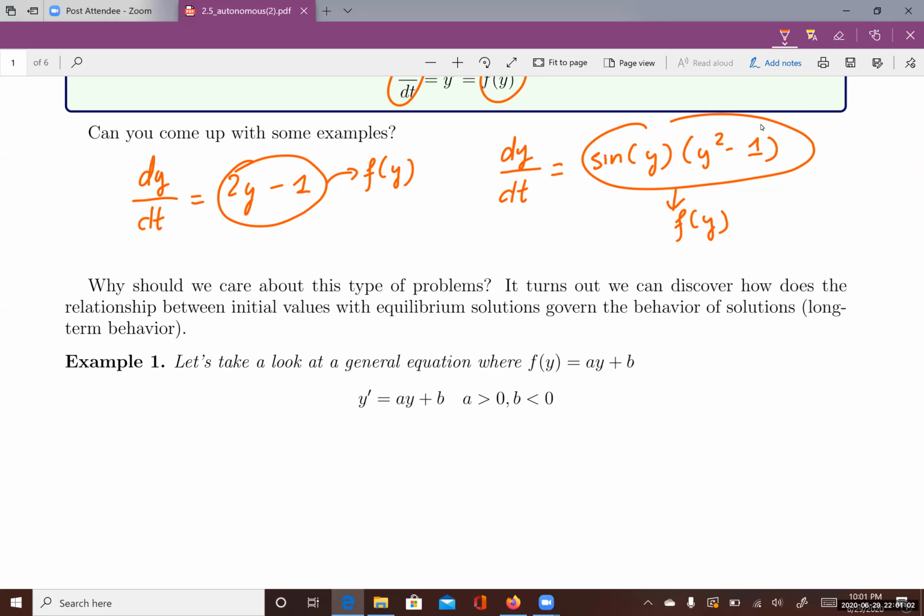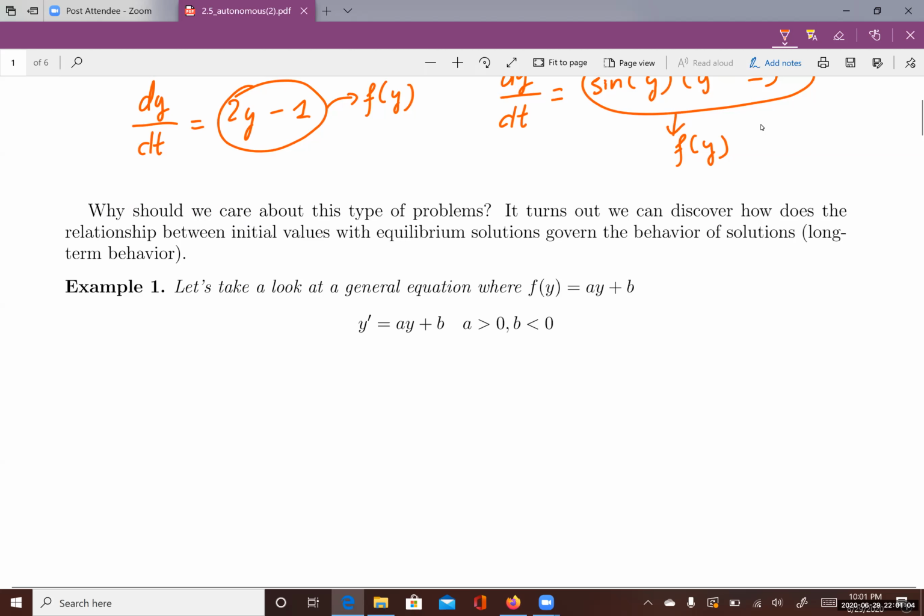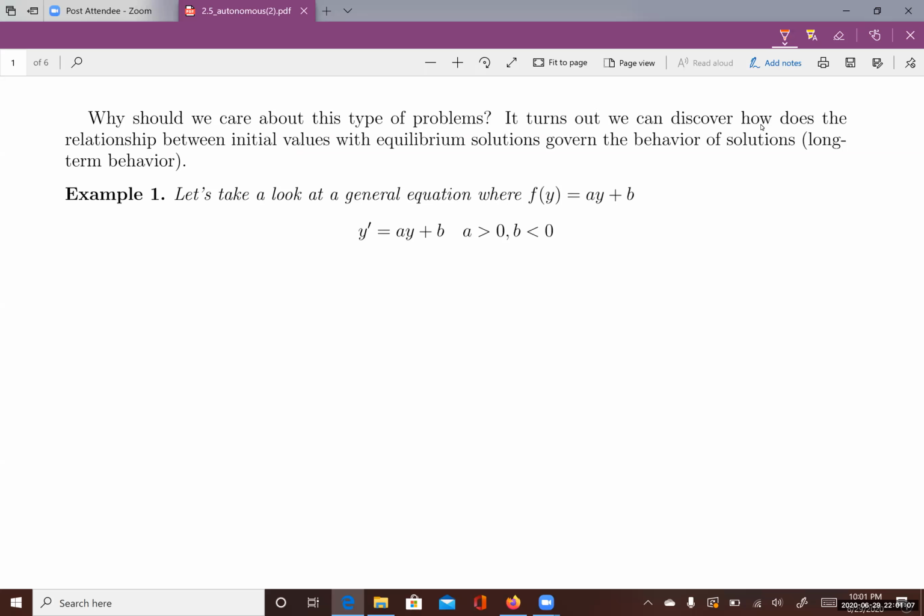Well, let's look at a generic autonomous equation where f of y is ay plus b, where a and b are constants, a is positive and b is negative.